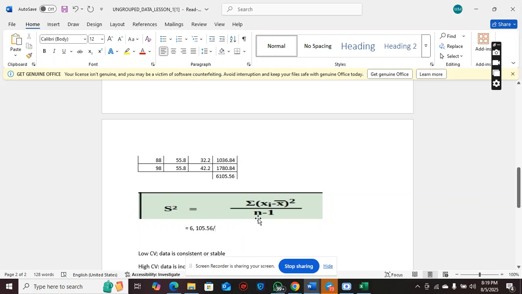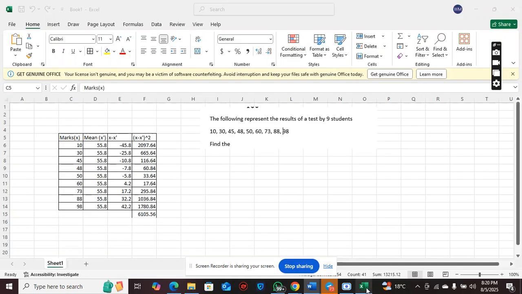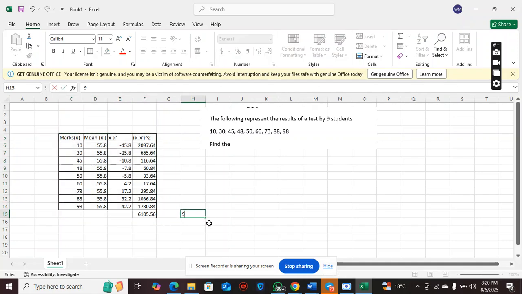Divided by n, which is the number of data values, that is 9 minus 1. So 6,105.56 divided by 9, you get 678.3956.